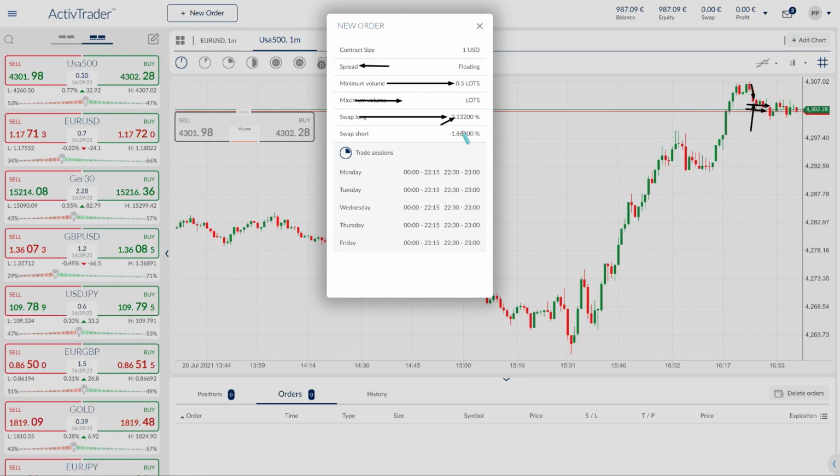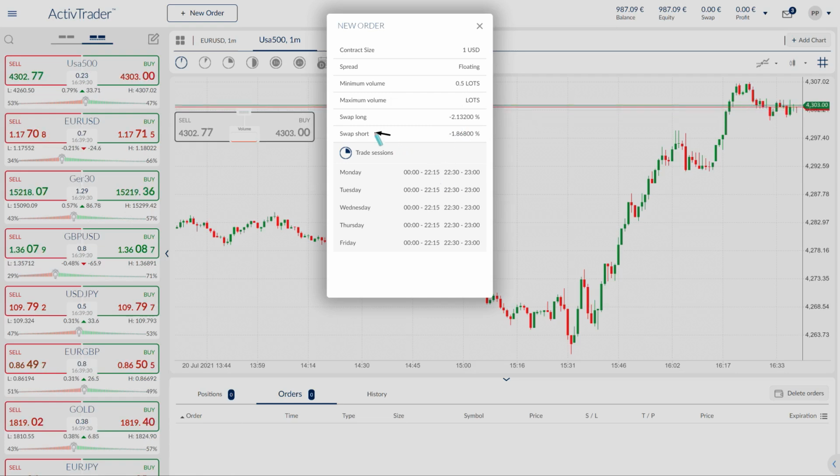So what that tells you is that each and every year costs you 1.80%. Okay, this is the swap you pay if you are short in the market. This is the swap you pay if you are long in the market. Okay, this is divided by 360 days, and this is paid each and every night.